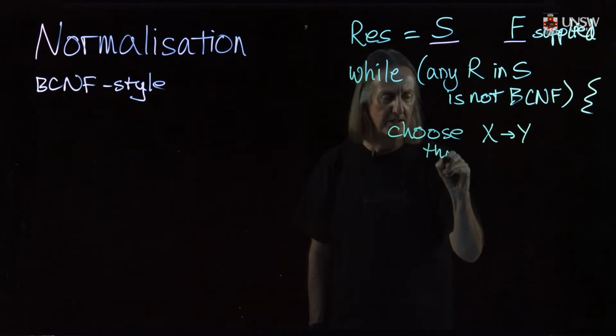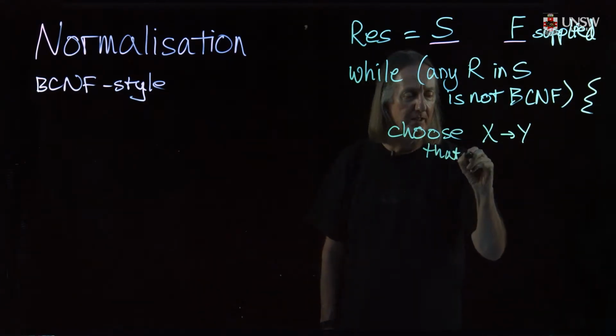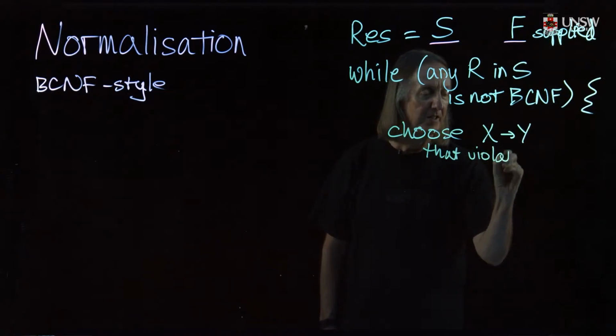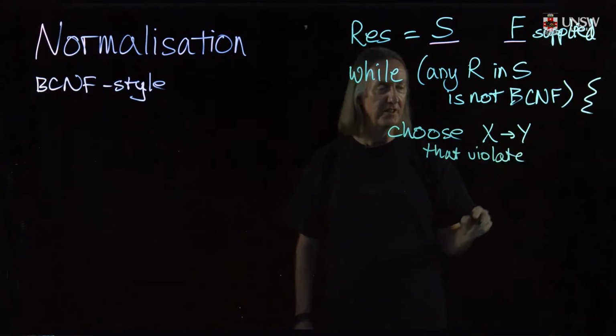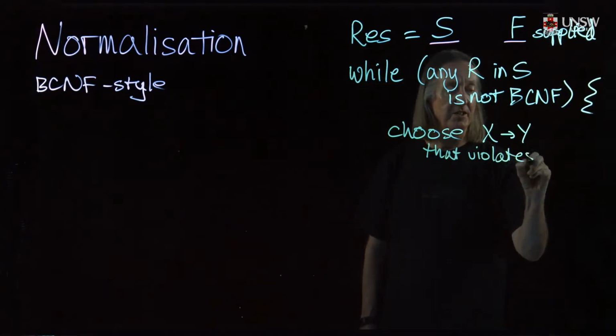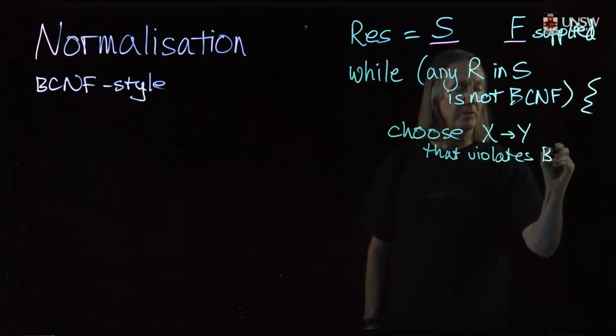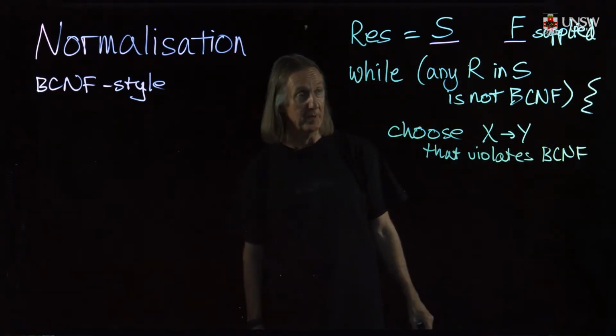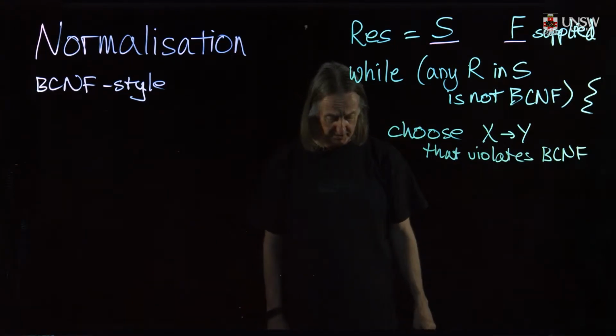So I guess we could write that. Choose an X to Y that causes BCNF to be violated. So technically it's not the functional dependency that violates the BCNF property, but it's the combination of the functional dependency and one of the tables.